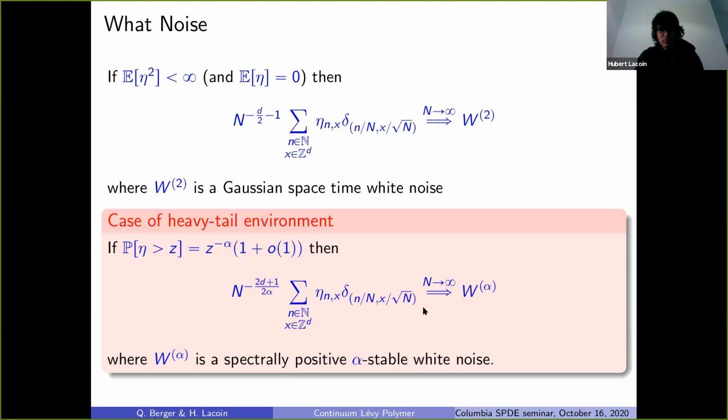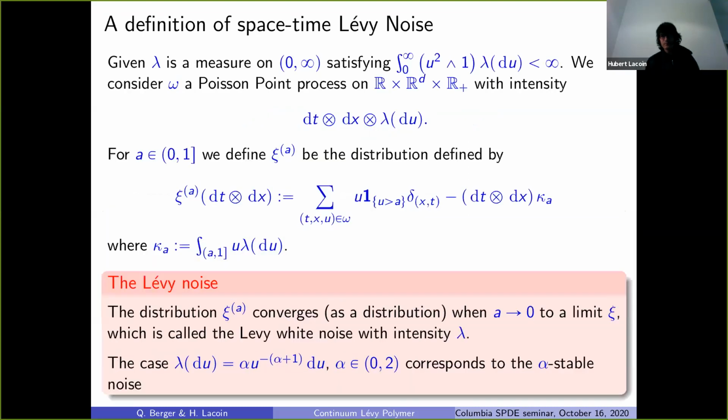Let me say something more about this alpha stable noise and give a general definition for Levy noise. Maybe most of you already know what Levy noise is, but when I introduce this definition, I will introduce a cutoff that is also useful for what I want to do later.